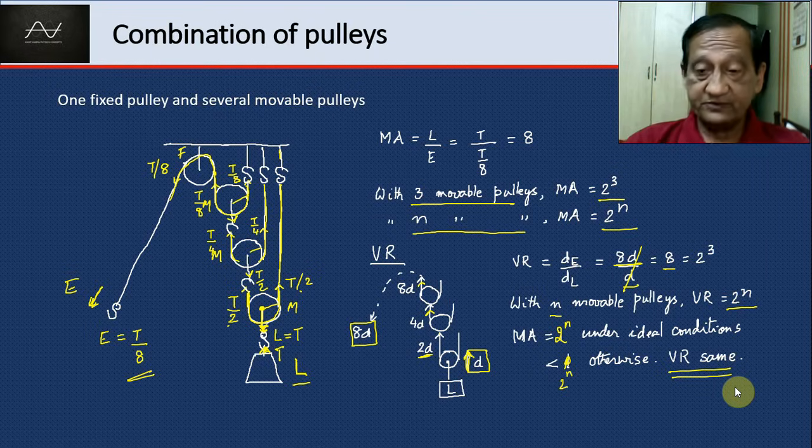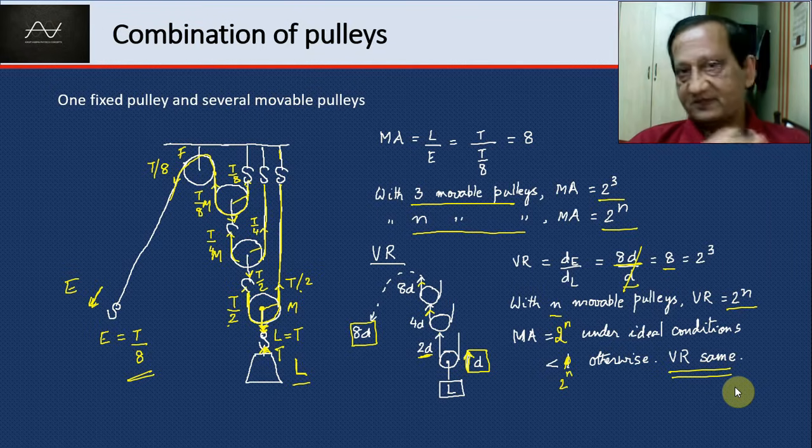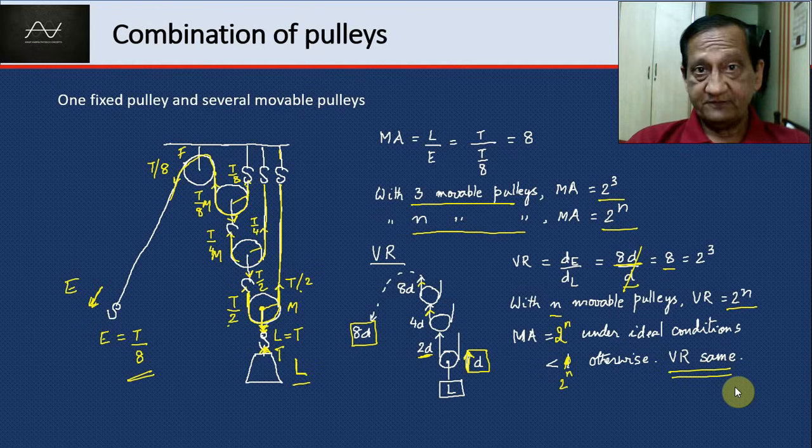MA will reduce because of friction and the weight of the pulley and so on. But VR is about the distances. That is not going to change. VR remains same, MA reduces. So efficiency, which was earlier equal to 1, now becomes less than 1. That is what happens when you have friction and weight of the pulley and other sort of forces.